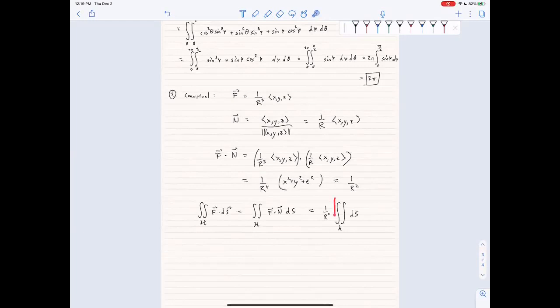And when you do a scalar integral of 1, you're computing the surface area of your surface. We actually already computed the surface area of a sphere last time, and we got 4 pi r squared. Well, this is a hemisphere, so we cut it in 2 and get 2 pi r squared. We're dividing by r squared. This is 2 pi.